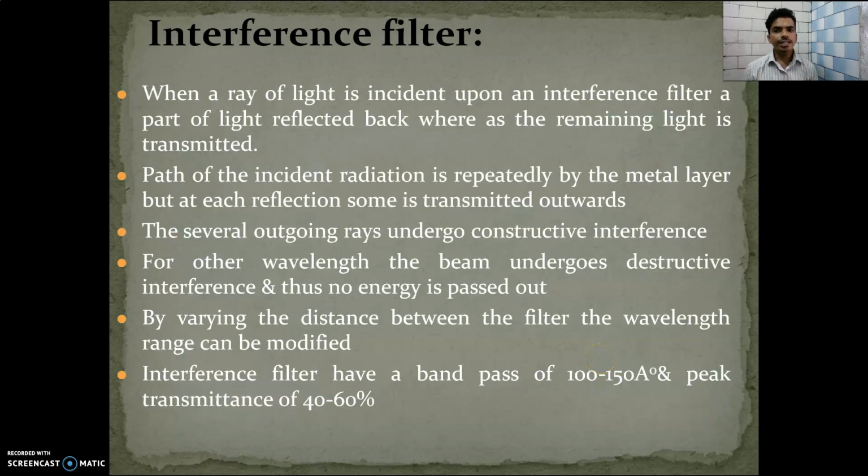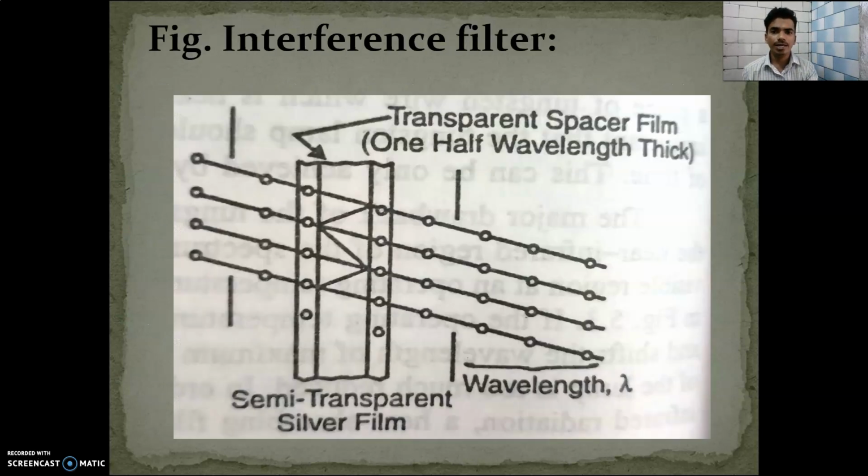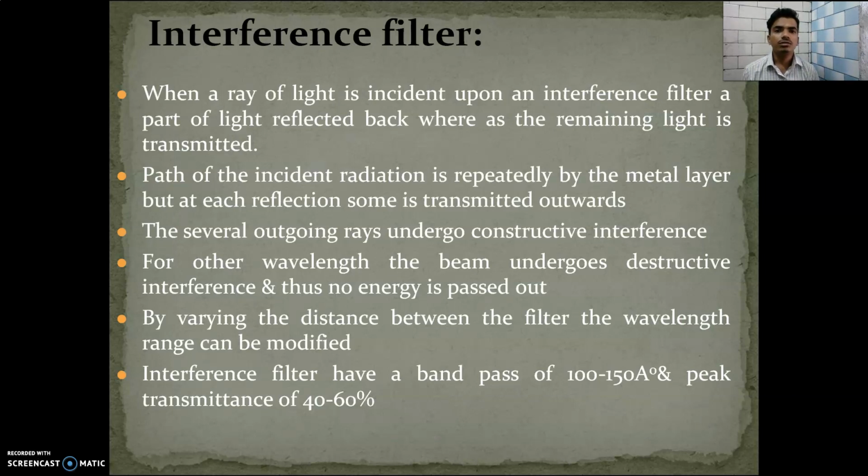Then, when a ray of light is incident upon an interference filter, a part of the light is reflected back, whereas the remaining light is transmitted. The path of the incident radiation is repeatedly reflected by the metal layer, but at each reflection some is transmitted outward.